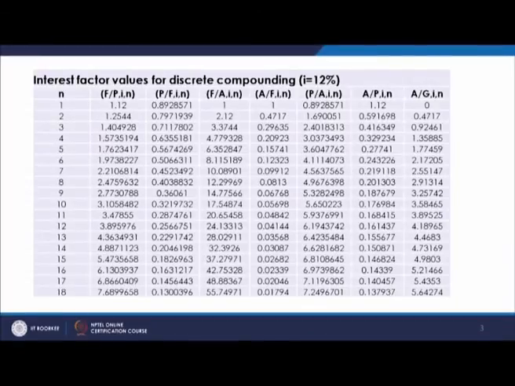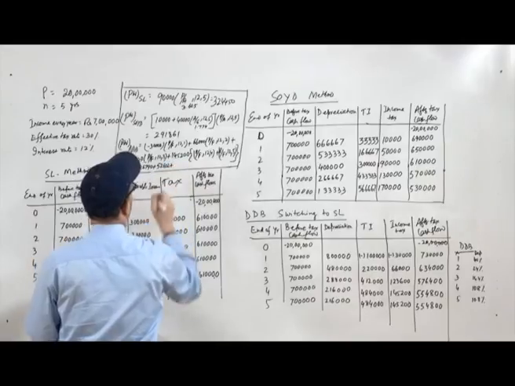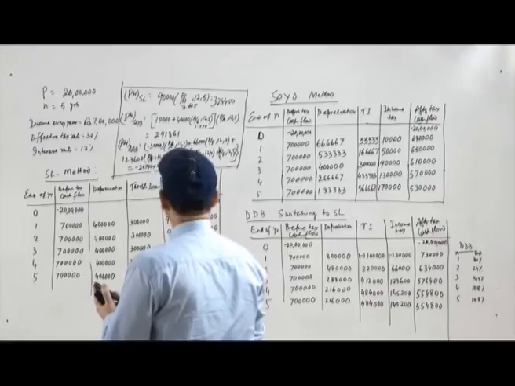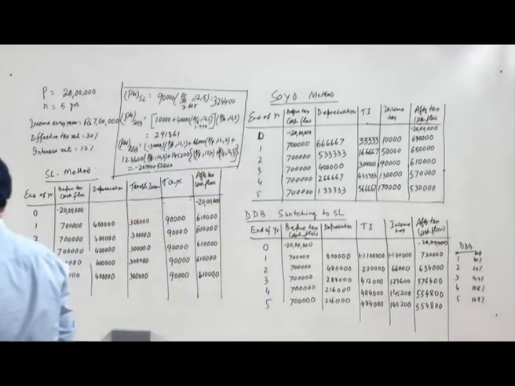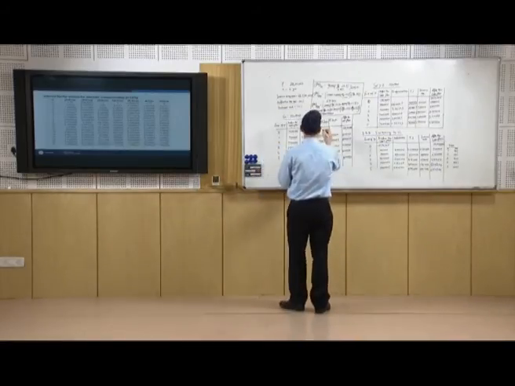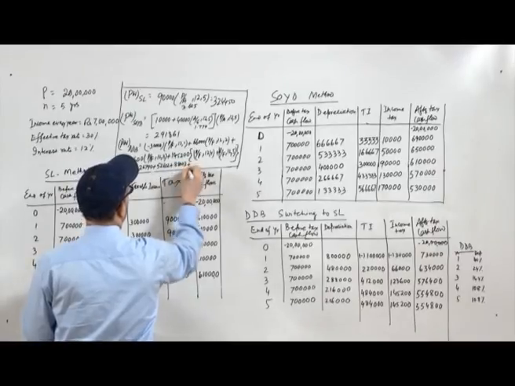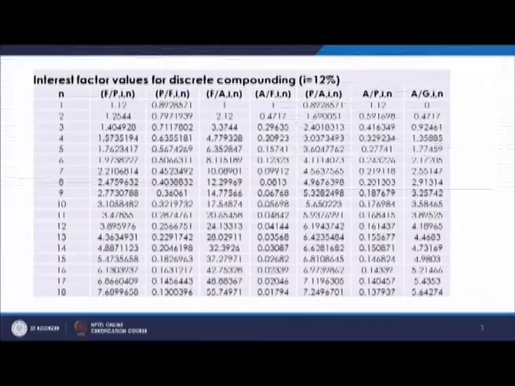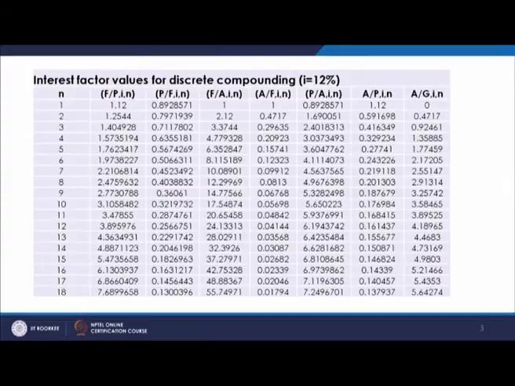So, 30,000 multiplied by 0.893 is 26,790, plus 66,000 multiplied by P by F 12,2, that is 0.797, that is 52,602, plus 123,600 multiplied by P by F 12,3, 0.7712, that is 88,003, plus P by F 12,4 plus P by F 12,5. P by F 12,4 is 0.635 and this is 0.567.